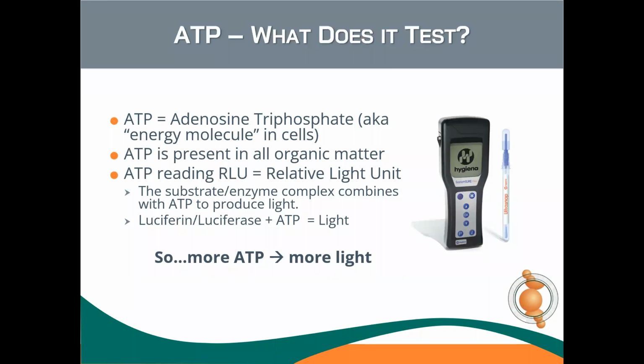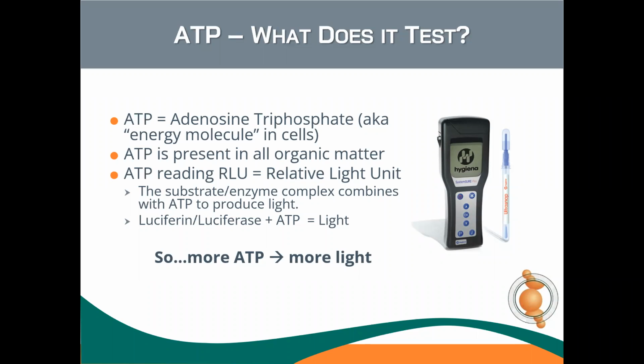Another tool that we can use in an EMP is ATP. So what is ATP and what does it show us? ATP is adenosine triphosphate, aka the energy molecule in cells. ATP is present in all organic matter. And so we read ATP in relative light units.